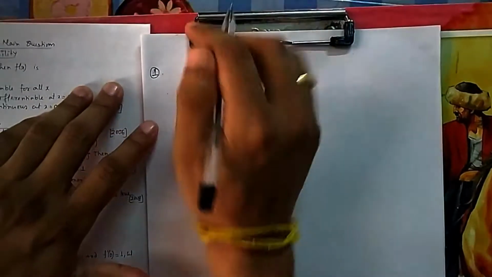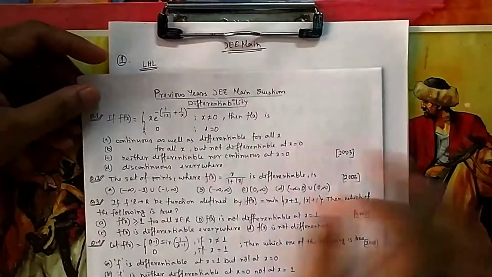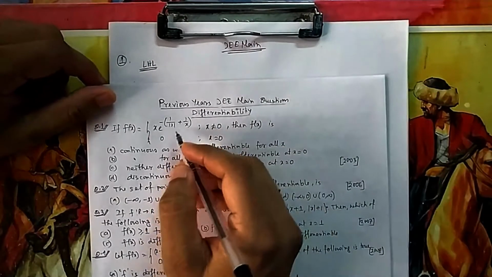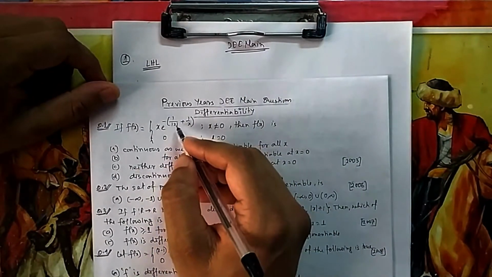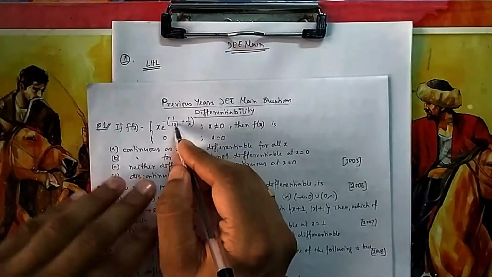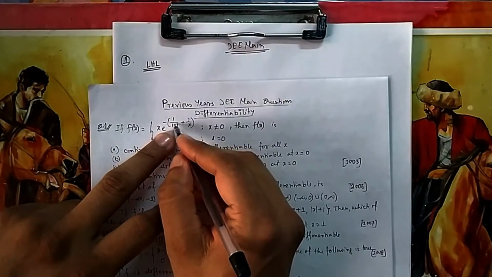So first you check continuity. For continuity you will do the left hand limit and right hand limit. You can think of it, or by putting these values, it will be 0 plus and 0 minus. If something is 0 plus, it will be very close to 0, and 1 by 0 is infinity.